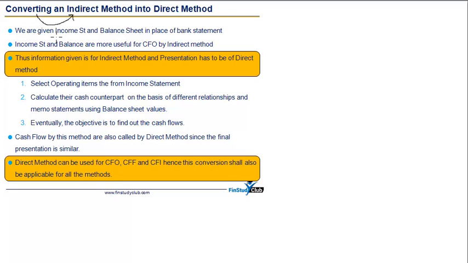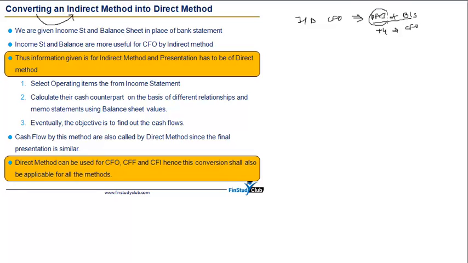the direct method. You are aware that in case of the indirect method, which is used only for CFO, the starting point, or the raw data that I need, is the income statement and the balance sheet. Using that, I'm going to apply 4 steps to convert my PAT into CFO.